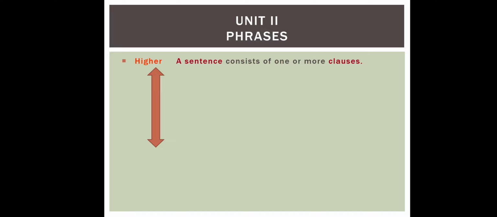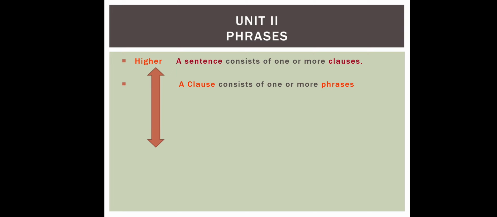A sentence is the highest unit which can be studied grammatically, and sentences are made up of one or more clauses. A sentence that contains only one clause is a simple sentence. On the other hand, a sentence that is made up of two or more clauses is known as a multiple sentence.